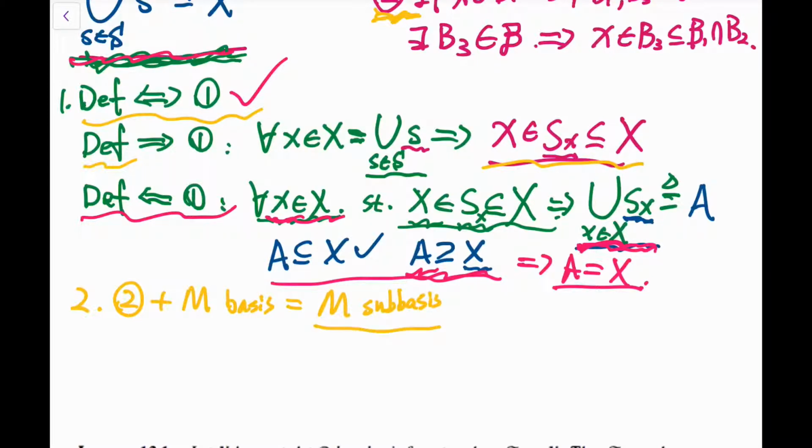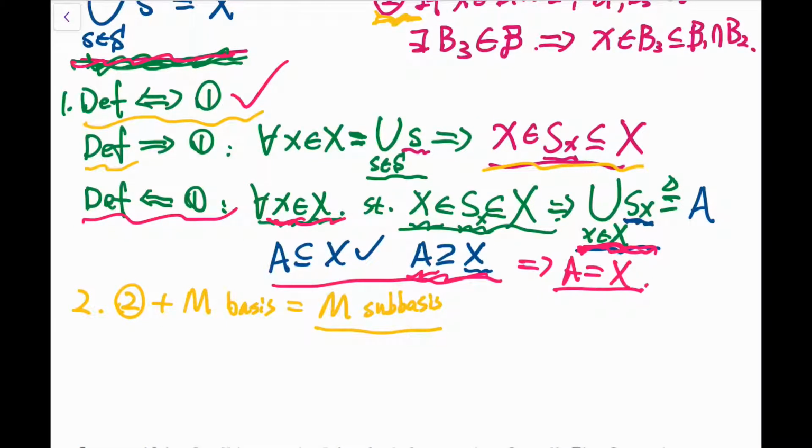If we use this new method with subbasis to generate the topology, we can get the same or a similar result as a basis. So this is the basic concept. Now the problem is, how can we combine those two things together?